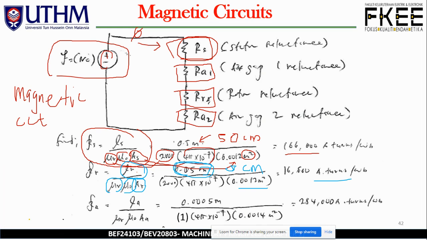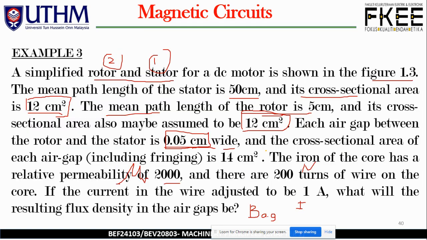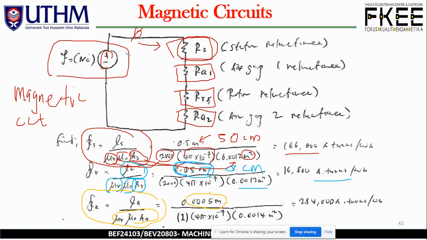Here we have the air gap reluctance Ra equal to La over mu r mu naught Aa, so 0.0005 meter. This is converted from how much just now? We have actually 0.05 centimeter, and you convert to meter.